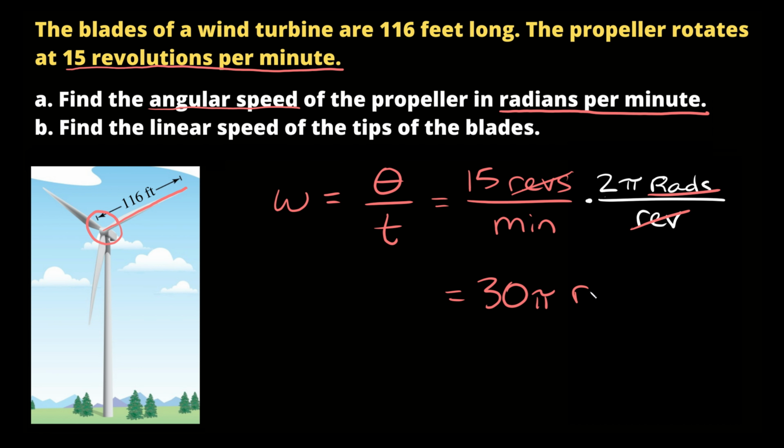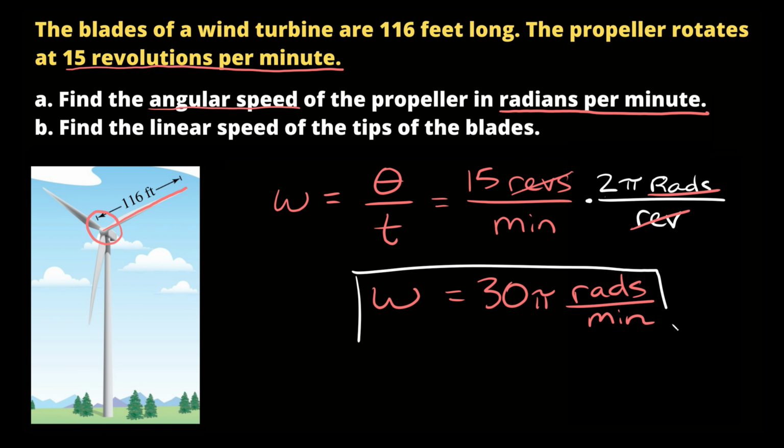The only thing we're left with on the bottom are minutes. So here we get that omega is equal to 30 pi radians per minute. So that is the angular speed in radians.